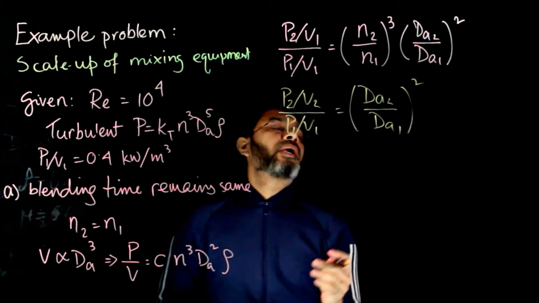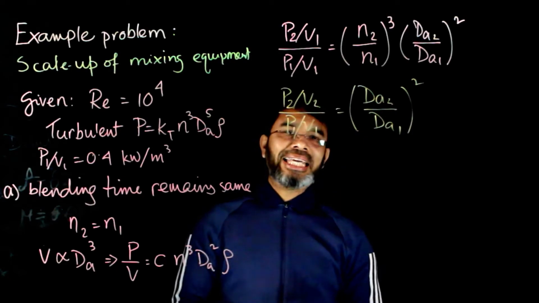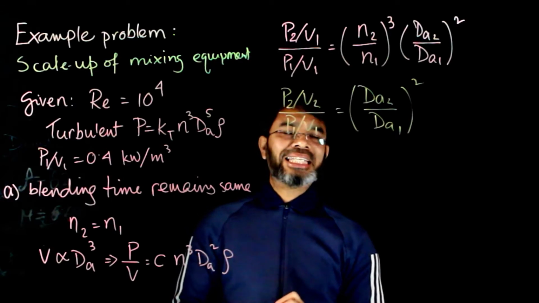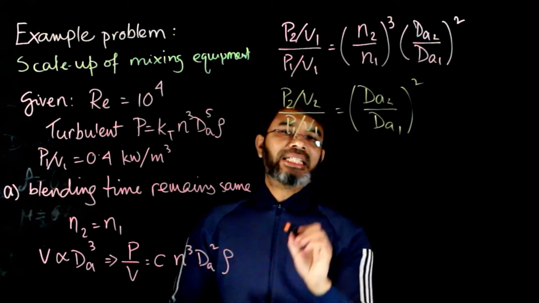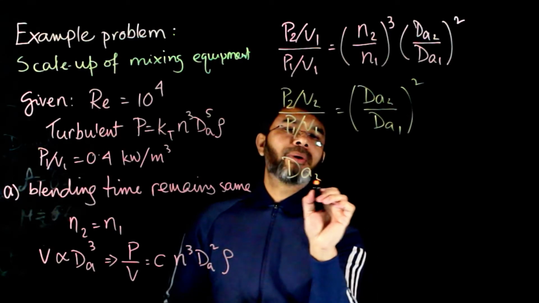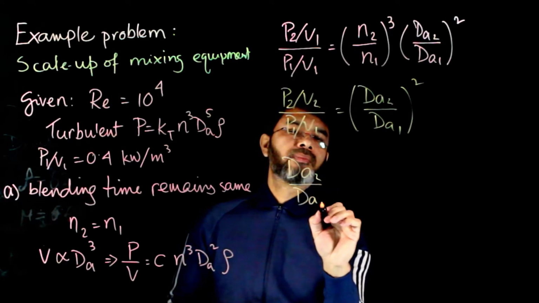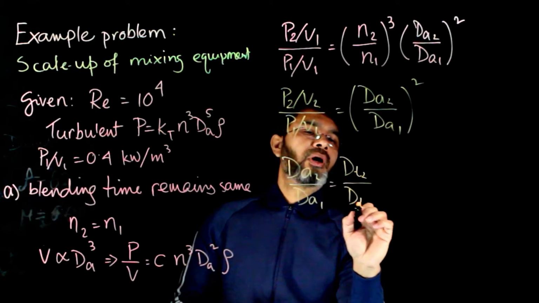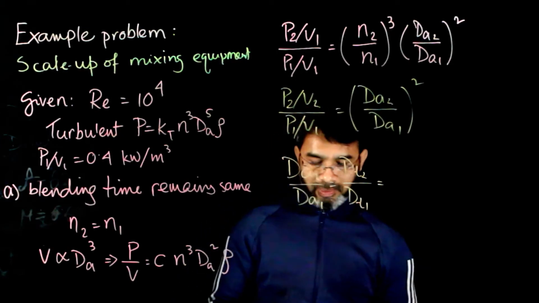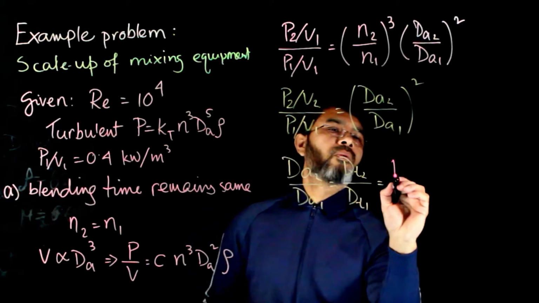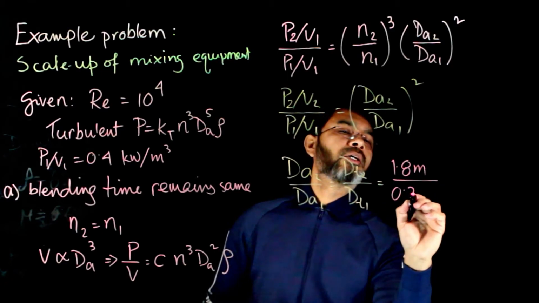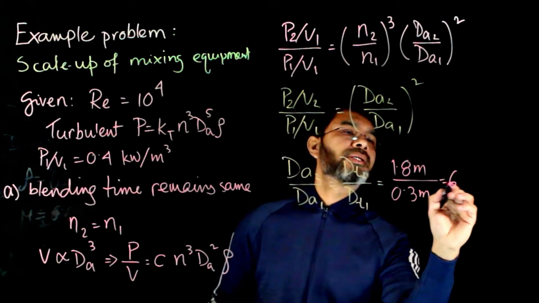Now we're not given the dA2 information, however we are given the information in terms of dT1 and dT2. We know that dA2 over dA1 will simply be dT2 over dT1. We always maintain the ratios, which is given as 1.8 meter over 0.3 meter equals 6.